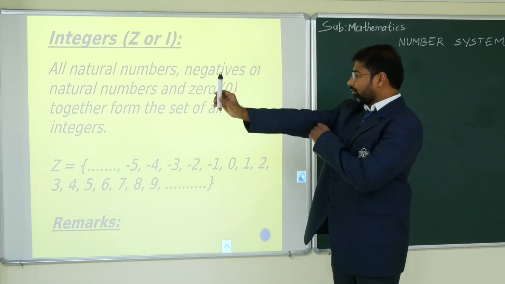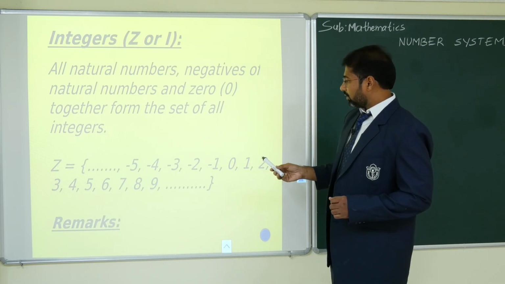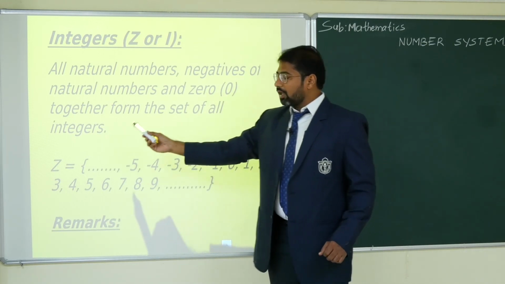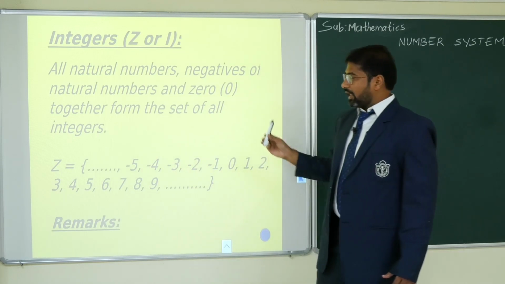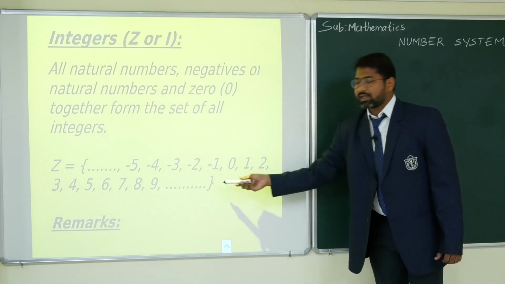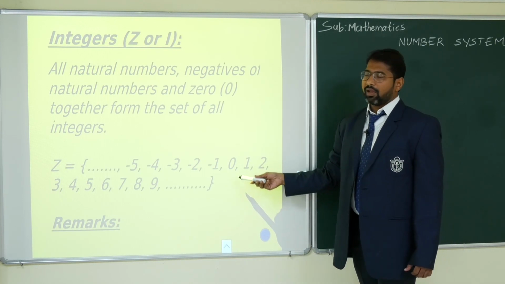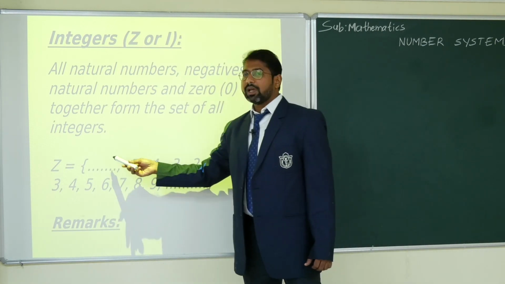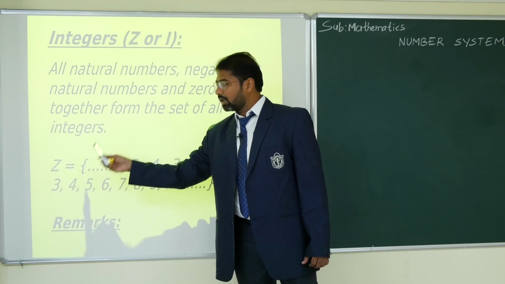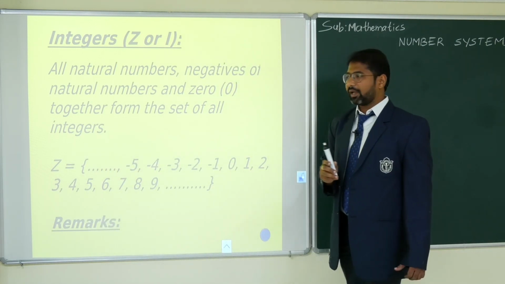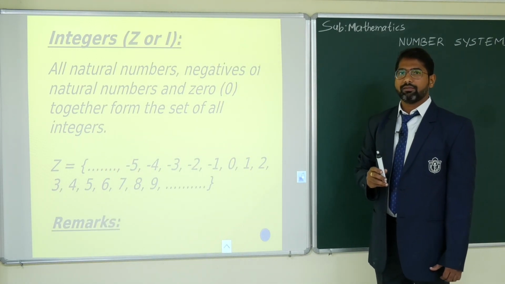Here you can see that the largest integer does not exist, which we will call plus infinity, and the smallest integer does not exist, which we will call minus infinity.